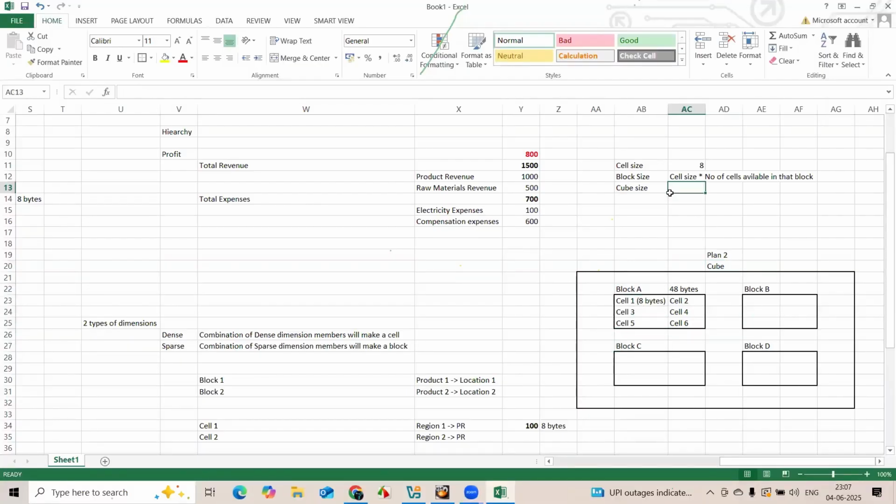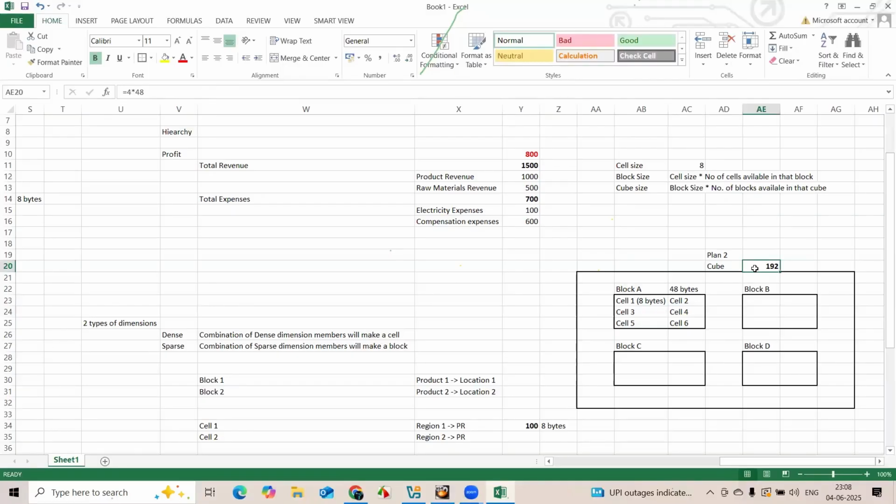So block size into the number of blocks available in that cube, or in a land area. One block is 48. So 4 into 48. I think nobody can answer this. So 192 bytes is the size of the cube.